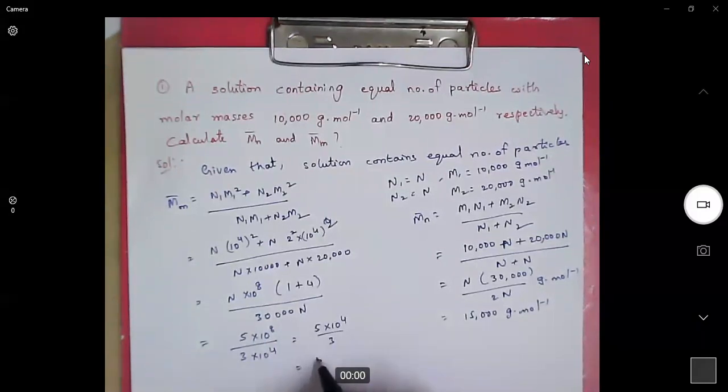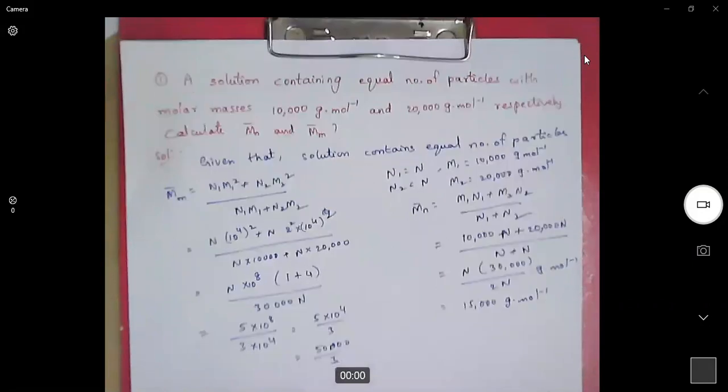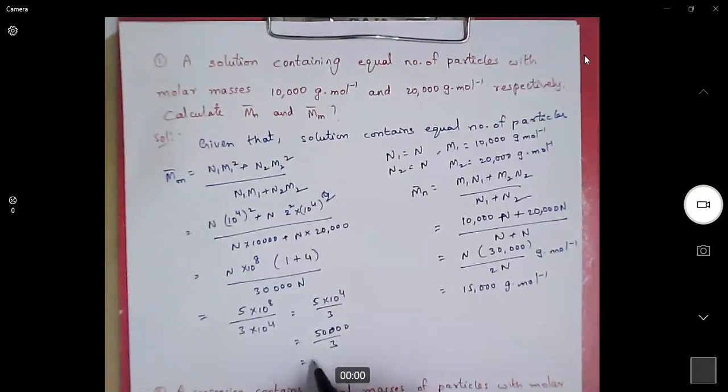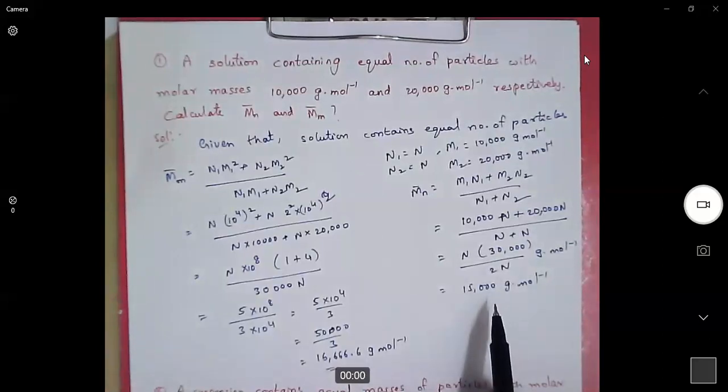That means 50,000 by 3, which is 16,666.6 grams per mole. So this is the mass average molecular weight. You see the difference, number average, mass average.